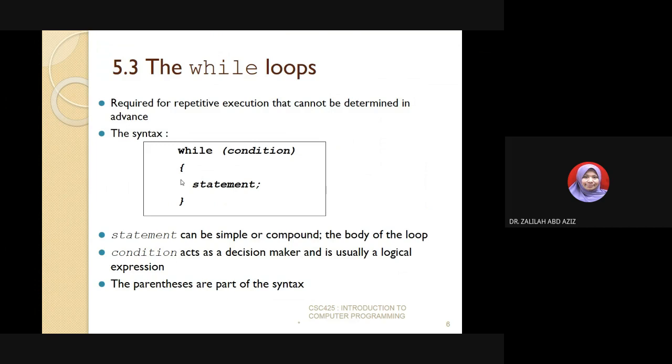Less than 3 is sampai 2 sajalah. 3 times only. So for loop tu already know how many times the loop will iterate. But however, while loop can be used if the iteration of the loop cannot be determined in advance. We will look at example.